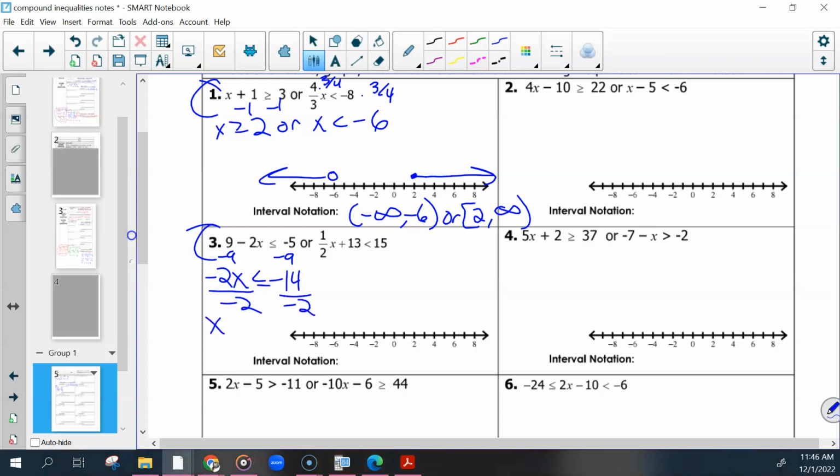The sign changes because we divided by a negative. And then solve the other one. Get rid of your 13 by subtracting. Take your fraction, flip it, multiply it on both sides.